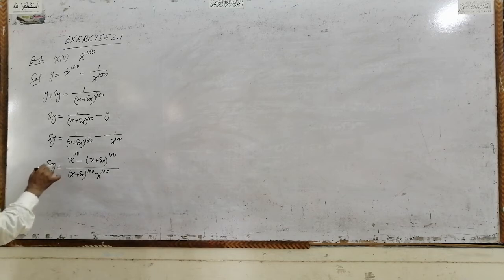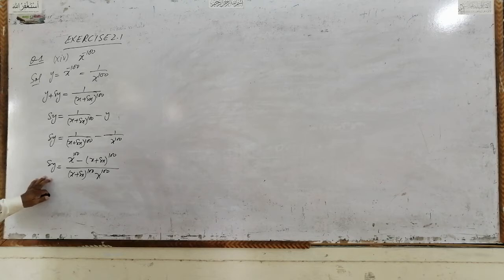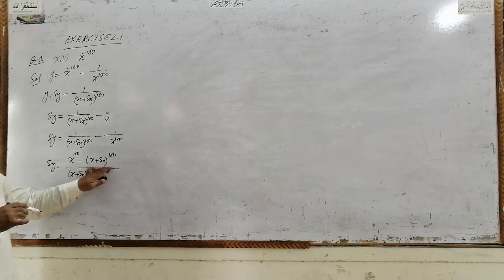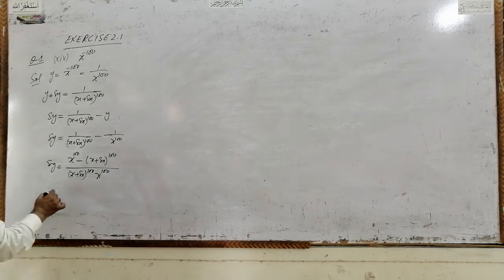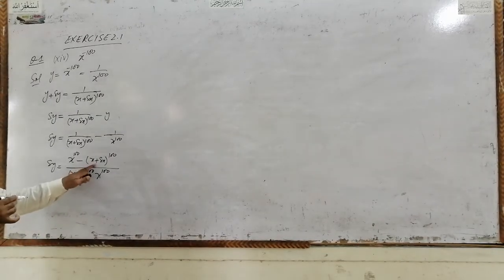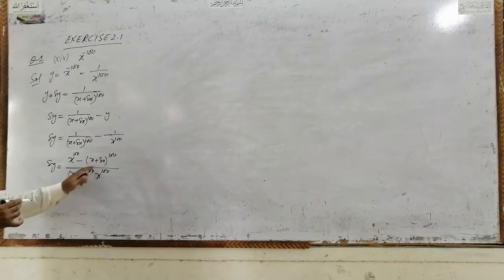This is delta y. What we have to do now, we have to divide both sides by delta x and then apply the limit. Before doing this, we can simplify this first. And how can we simplify this first? We can use binomial theorem expansion on this expression.